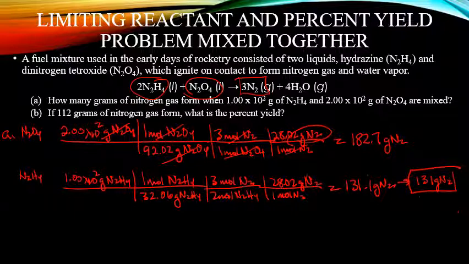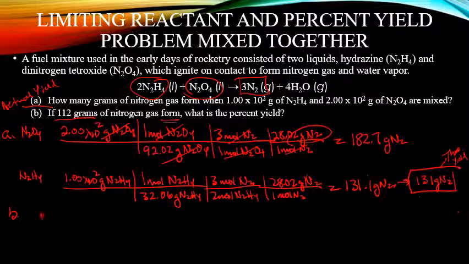So now, as my part B, it tells me that we had 112 grams that forms. So again, that represents the actual yield for the problem. And so to figure out the percent yield, I just calculated the theoretical yield in part A. So I have this as my theoretical yield.